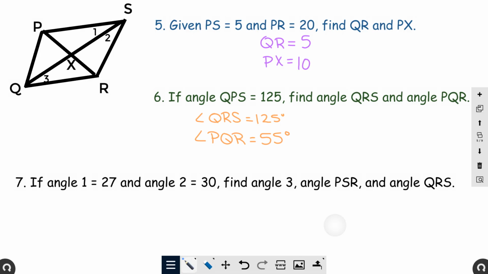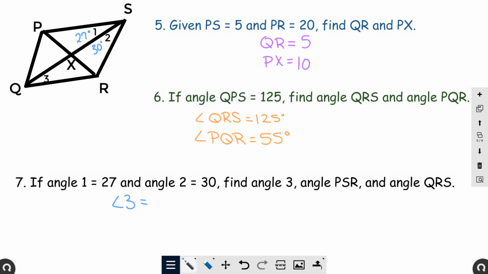All right, and the last one we have tells us angle 1 is 27 degrees. Angle 2 is 30 degrees. Now it says find angle 3. Now remember, in a parallelogram, we said opposite angles are congruent, right?